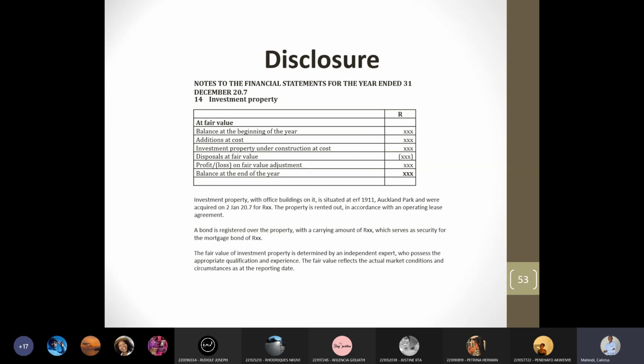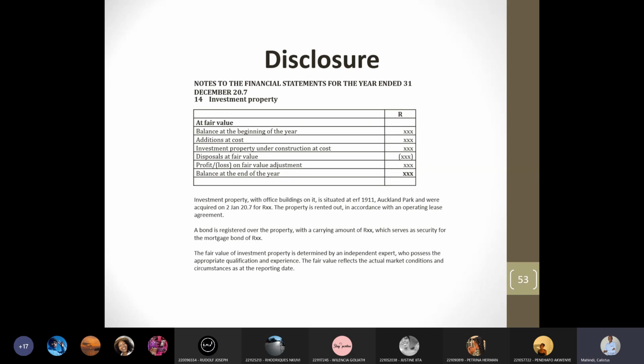We had depreciation for the year. We had any disposals of PPE. These are the same things that will show in the investment property reconciliation note. Any additions to the investment property, any disposals of the investment property. If you're using the cost model, obviously you'll have to show your depreciation.